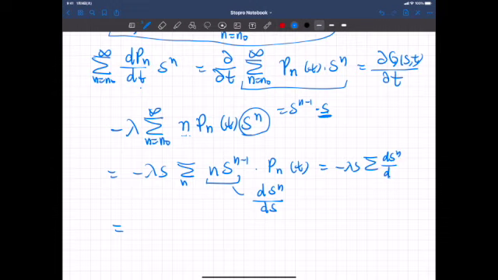ds and Pn of t. Now we can move this differential operator to the outside of the summation, which now becomes a partial derivative.